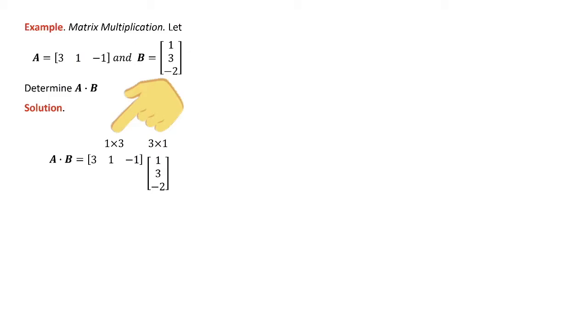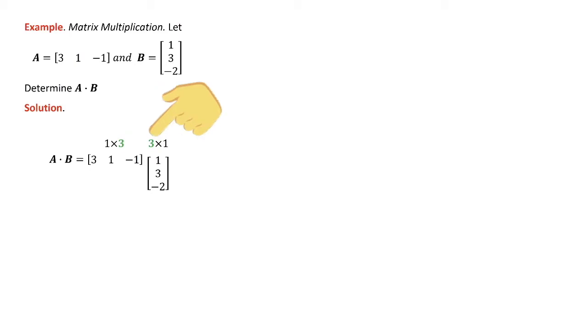Okay, so the first matrix A is a 1 by 3. 1 row, 3 columns, right? And the second matrix is a column vector. It's 3 rows and 1 column. Now what has to happen for this to work, and you'll see why, is the inner numbers have to match, right? We got the green light.